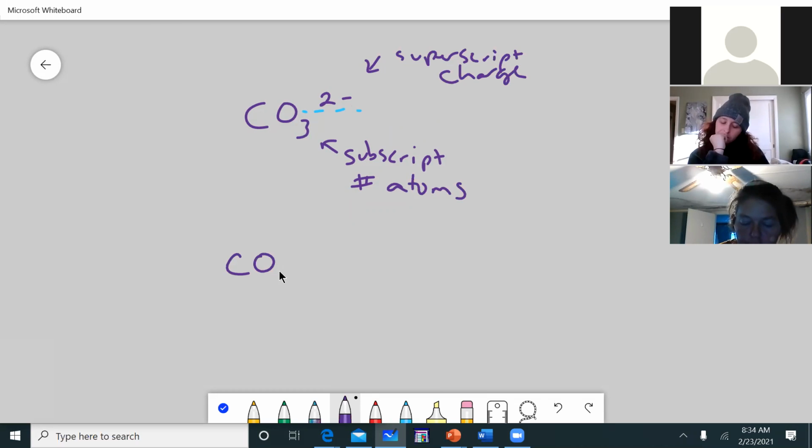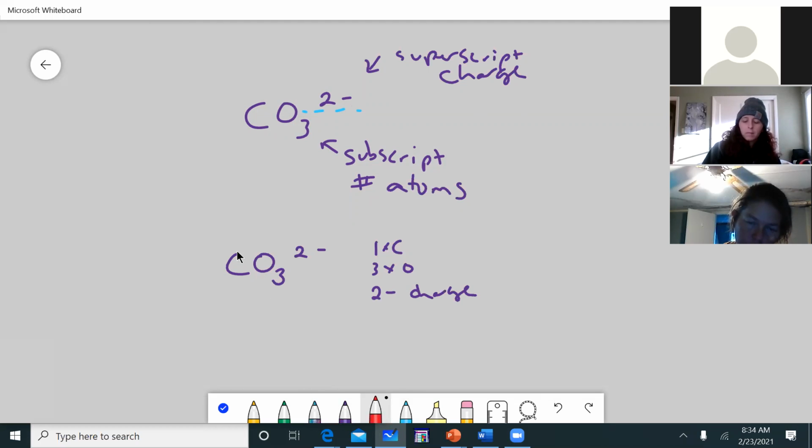So CO3 with a 2 minus charge is telling me a couple things. It's saying that I have 1 carbon. It's saying that I have 3 oxygens. And it's also saying that the entire packet of atoms has an overall 2 minus charge.